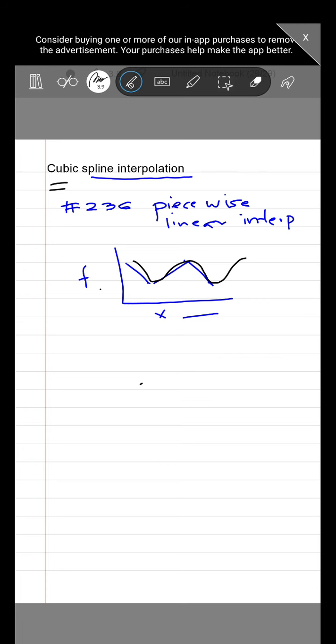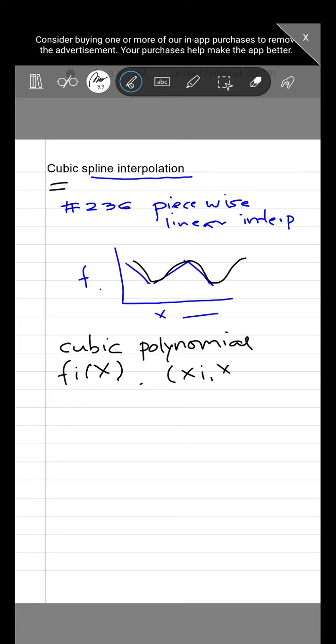So in cubic spline fit, we use the cubic polynomial, which we call f_i(x), to represent the function in each interval. The interval is represented by x_i and x_{i+1}. So we need to fit this cubic polynomial inside this interval.